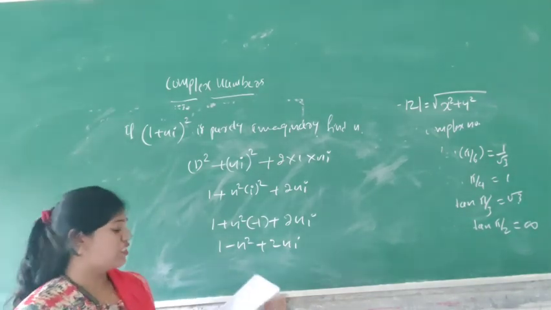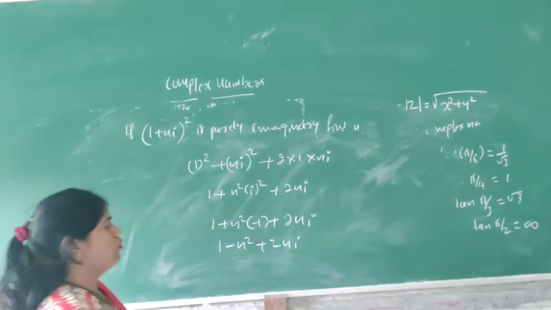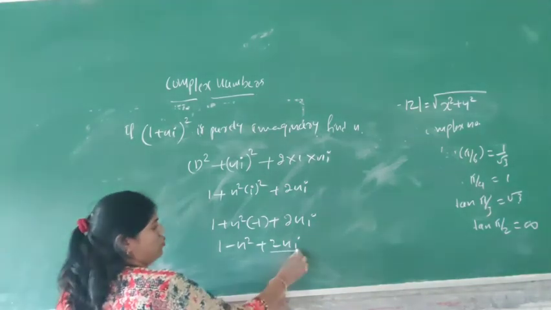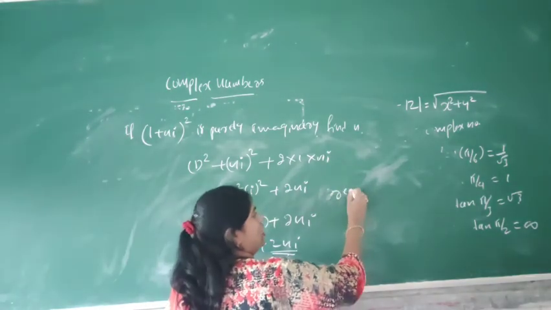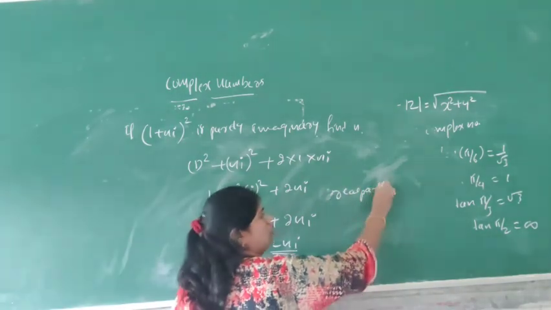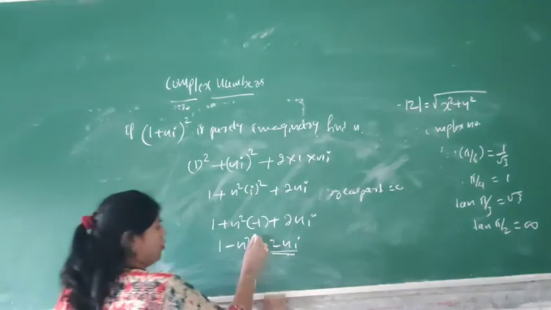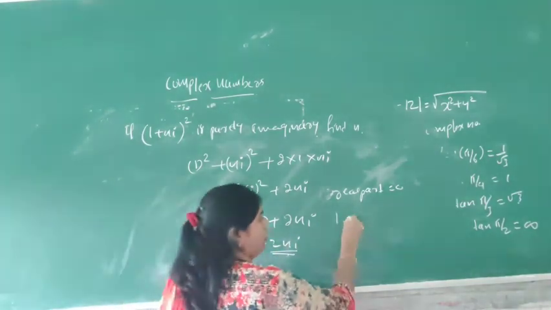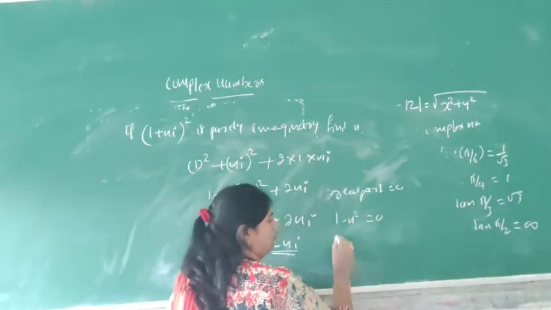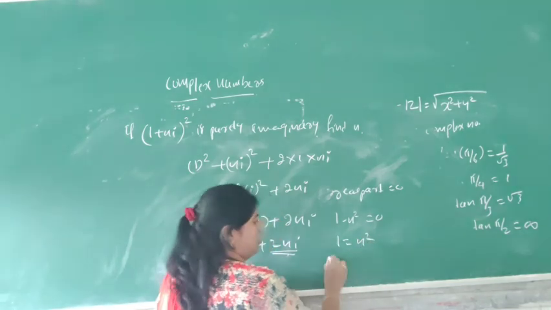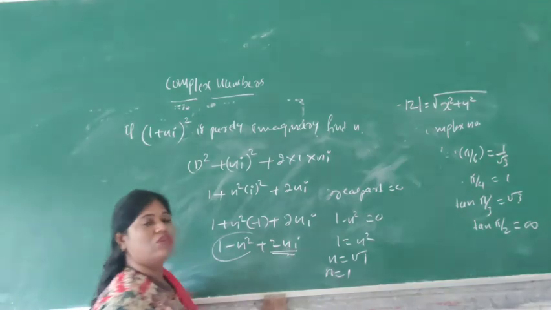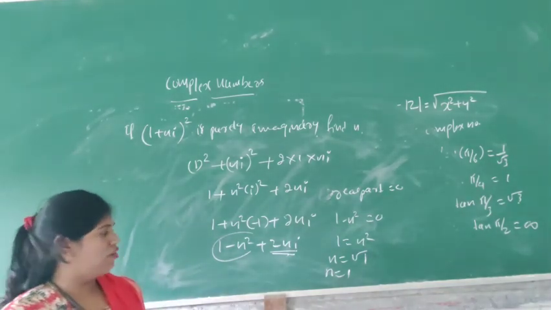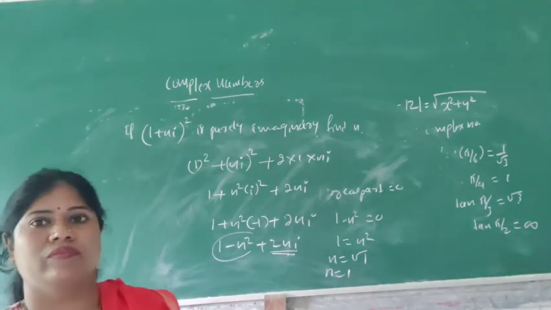Whatever they have given, it is purely imaginary, so we have to take the real part equal to 0. The real part is 1 minus n square, which is equals to 0. 1 is equals to n square, n is equals to square root of 1. So the value of n is equals to 1.